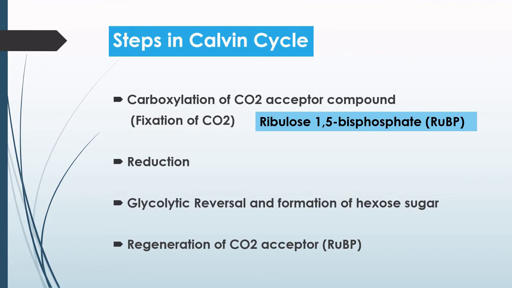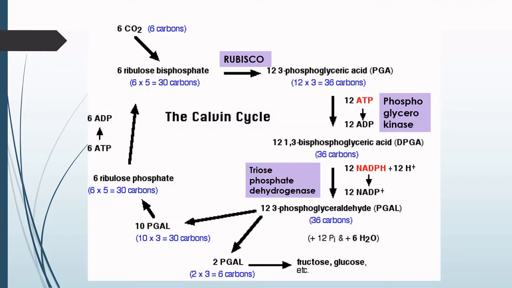So these are the 4 steps in the Calvin cycle. Carboxylation of the carbon dioxide acceptor, second step is reduction, third step is glycolytic reversal and formation of hexose sugar, the fourth step is regeneration of the carbon dioxide acceptor. So now we are moving on to the reaction part of the C3 cycle.